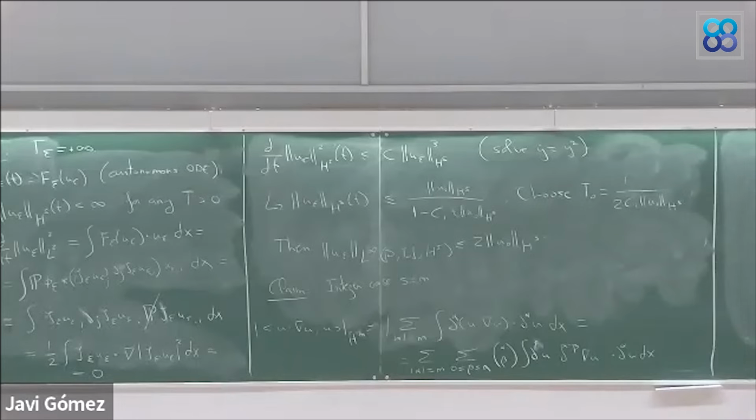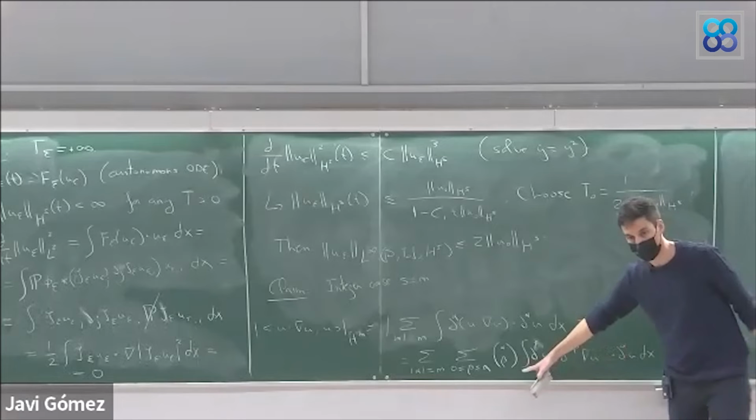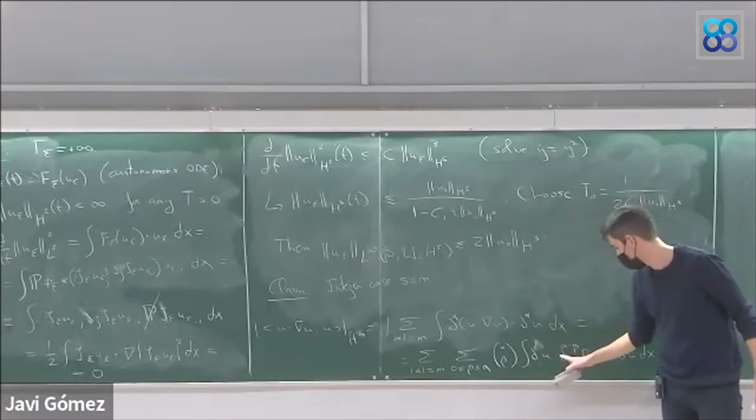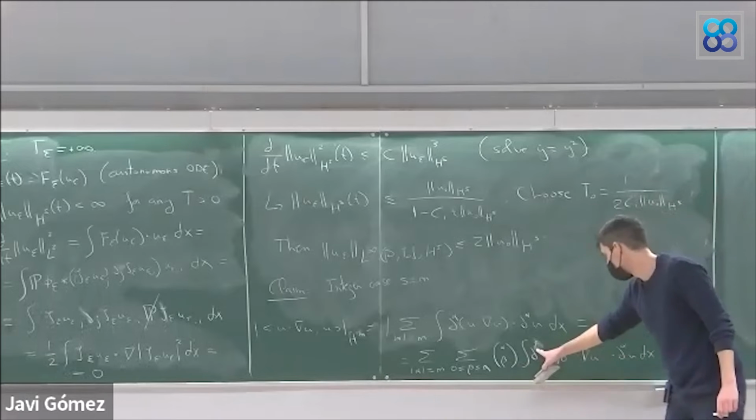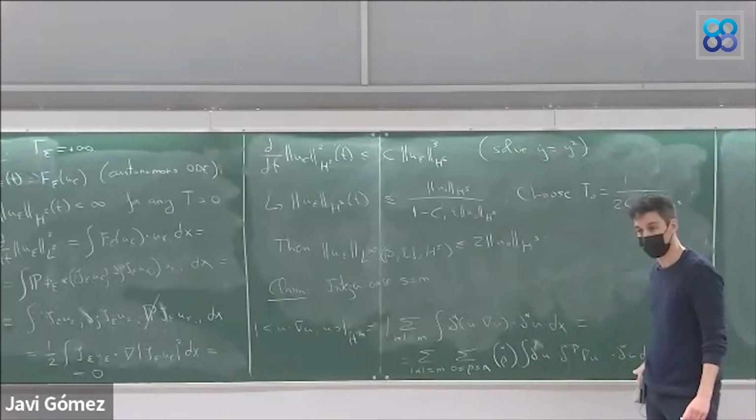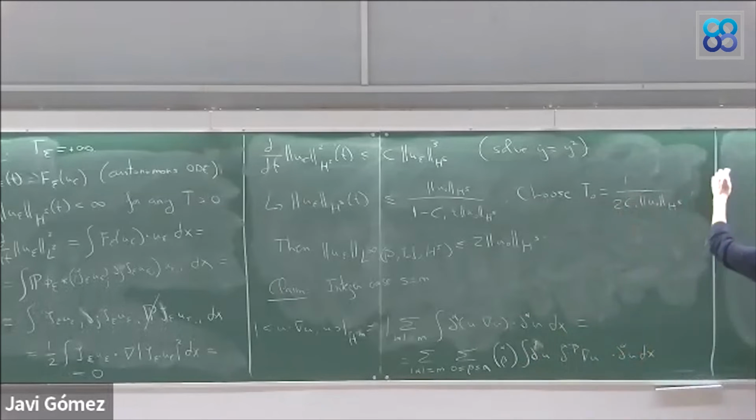And again, the reason why we can't close the estimate is that in the worst case, in the most singular case, when beta is equal to alpha, this term will cancel. For beta equal to alpha, we have, I think I wrote it wrong, it is the opposite one.